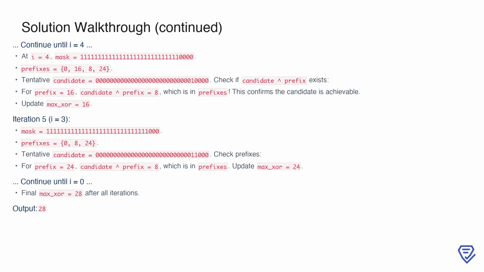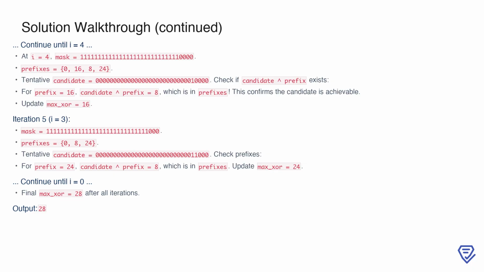The tentative candidate is then computed. For prefix equals 16, we find that candidate prefix equals 8, which is also in the set of prefixes. This confirms that the tentative candidate can be achieved, so we update max_XOR to 16.